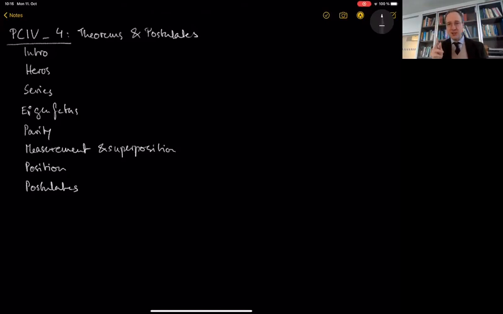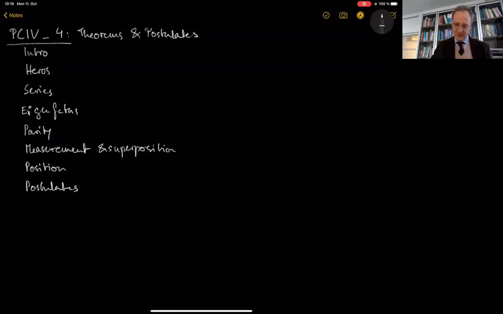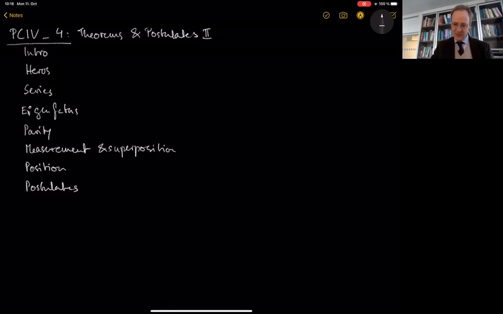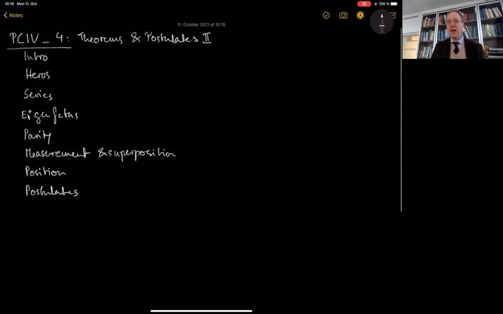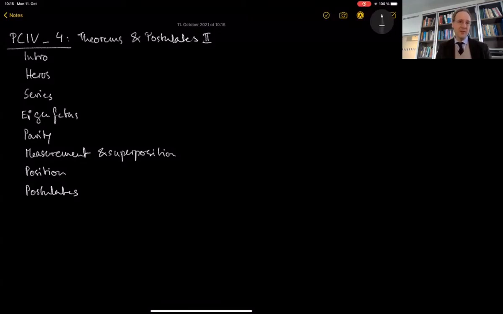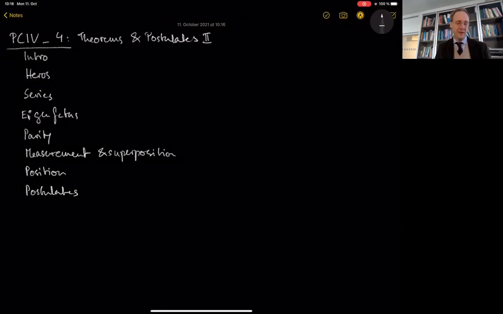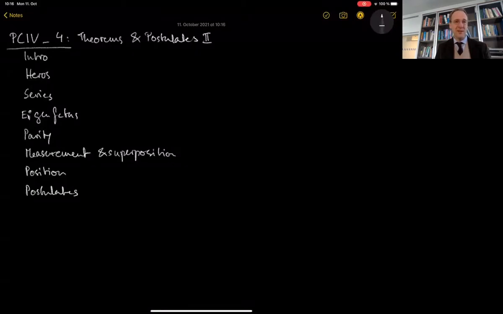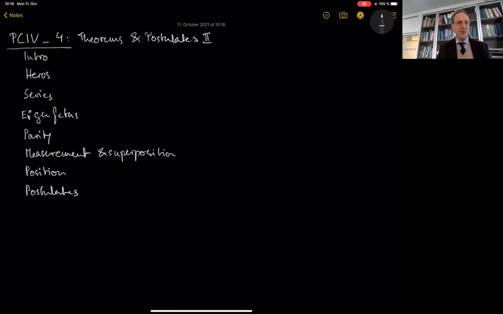We are in the second chapter of this course, on theorems and postulates, and we discussed first a little technical introduction on Bra and Ket notation and expectation values and eigenvalues. Then we introduced the Hermitian operators, the series expansion, eigenfunctions, and we are currently in parity.